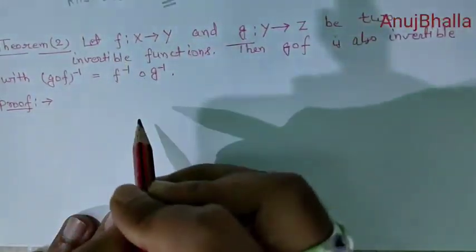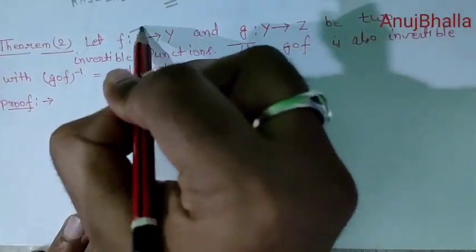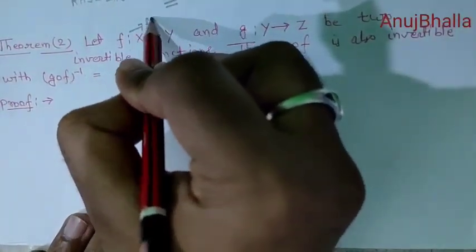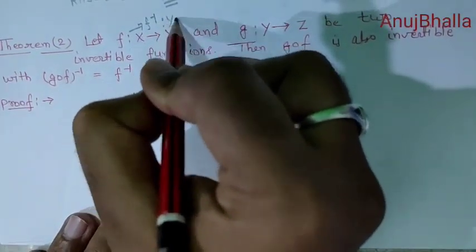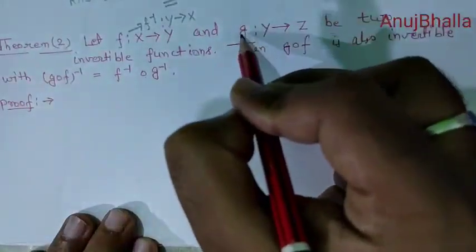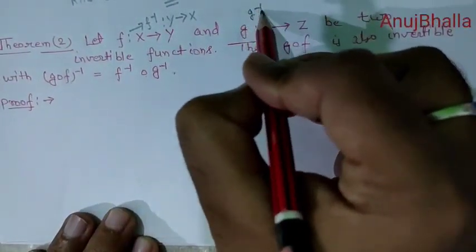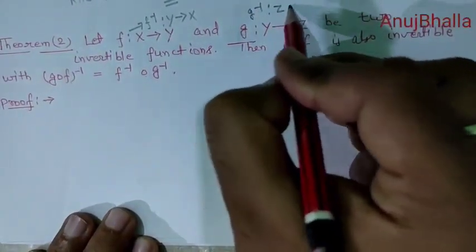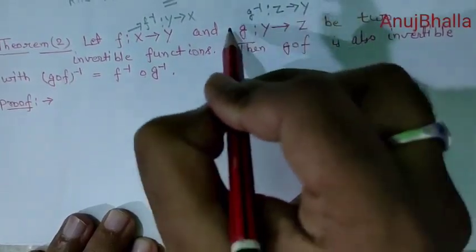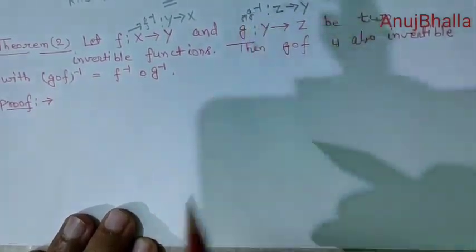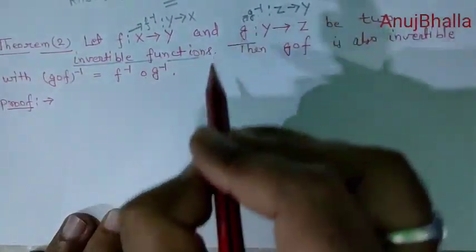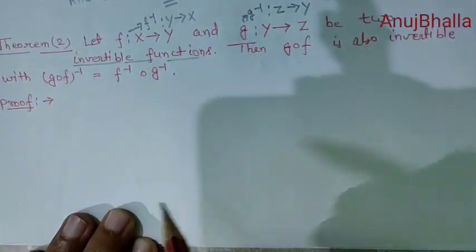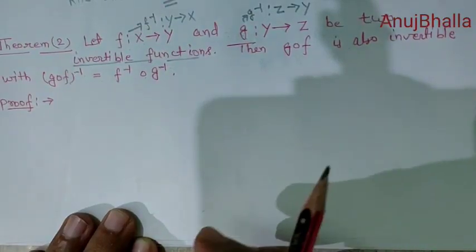Now first of all, if these functions are invertible, then f inverse from Y to X and g inverse from Z to Y will also exist. By saying that these functions are invertible, these inverse functions will definitely exist.